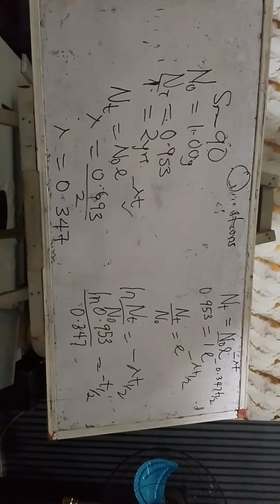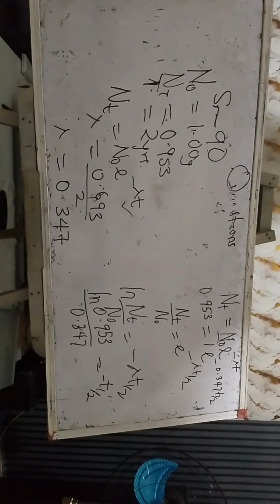Natural logarithm. Zero point. Divided by 0.347.